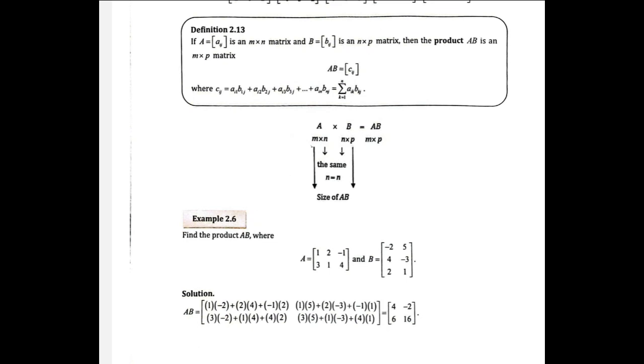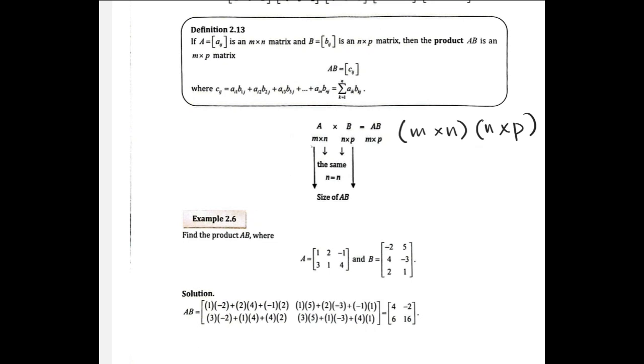If you have a matrix of m times n, and another matrix of n times p, look at the column count of the first matrix and the row count of the second matrix. They should be the same. If this is the condition, then we know that the matrices can be multiplied together.